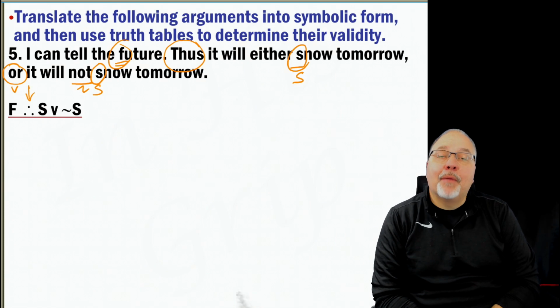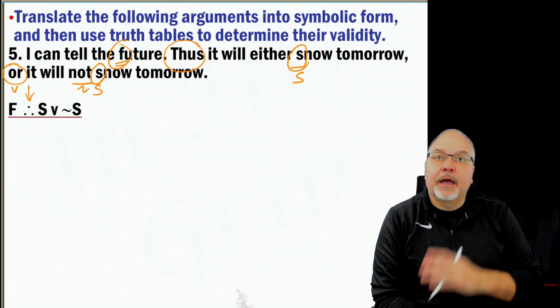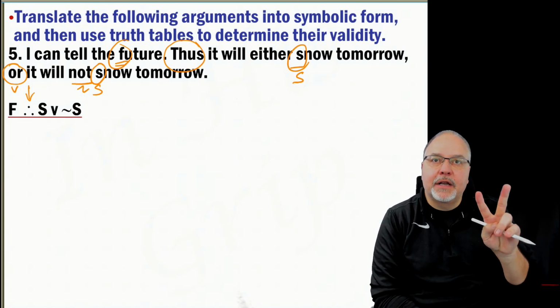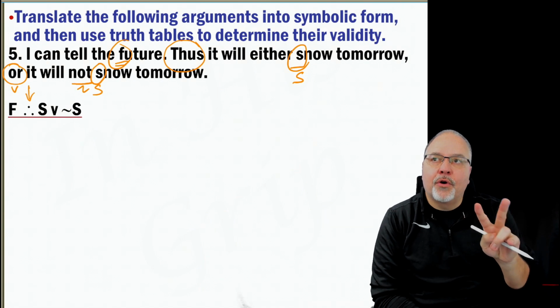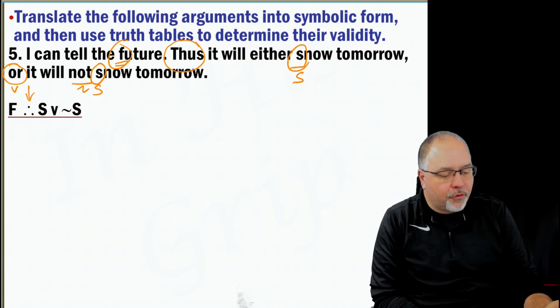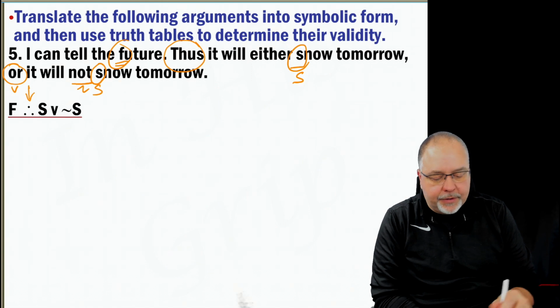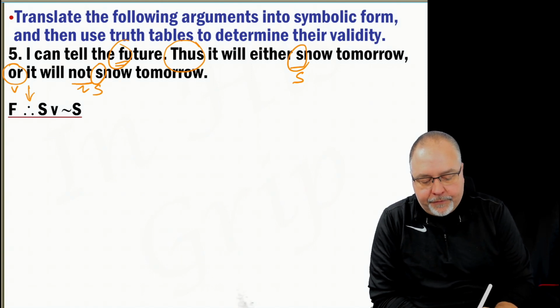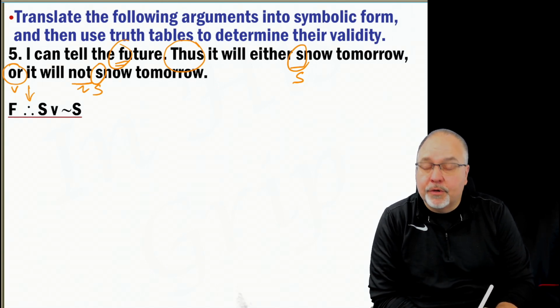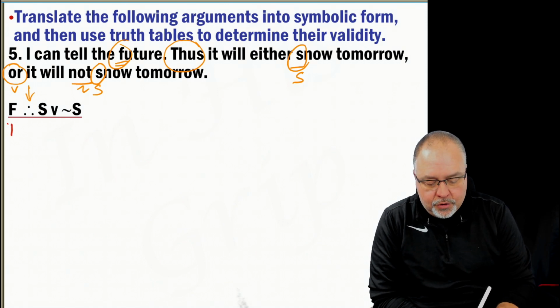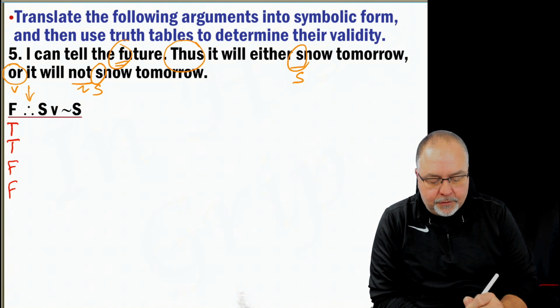Okay, now, how many constants do I have? I have 2 constants, F and S, right? And so how many rows do I need? I need 4 rows, right? Let me go back to red here. So under F, just like we always do when we're starting left to right, true, true, false, false, right? Under S, okay?